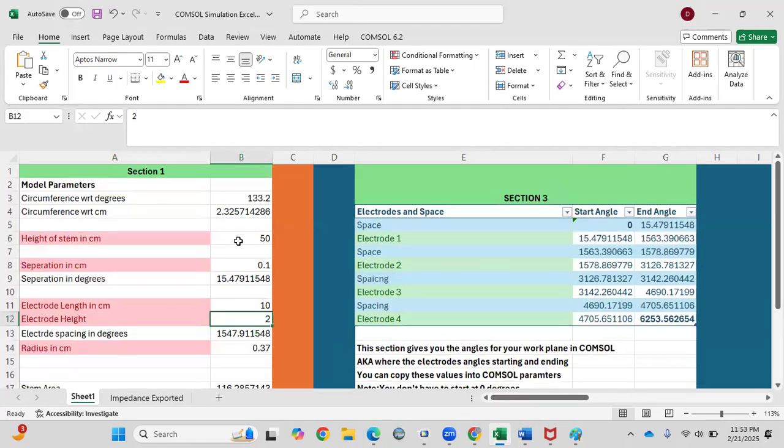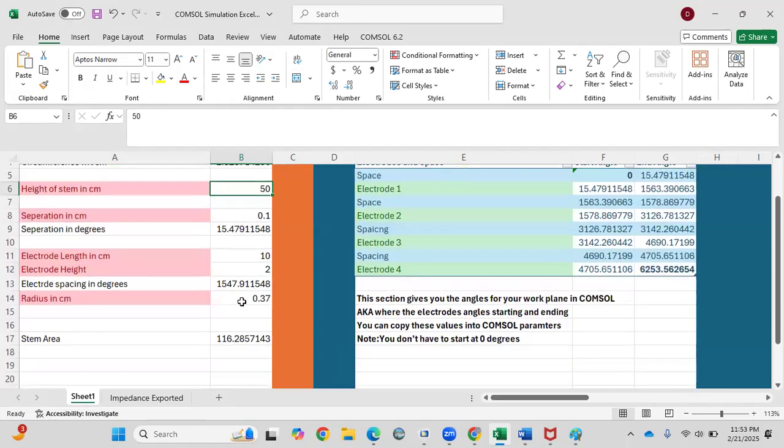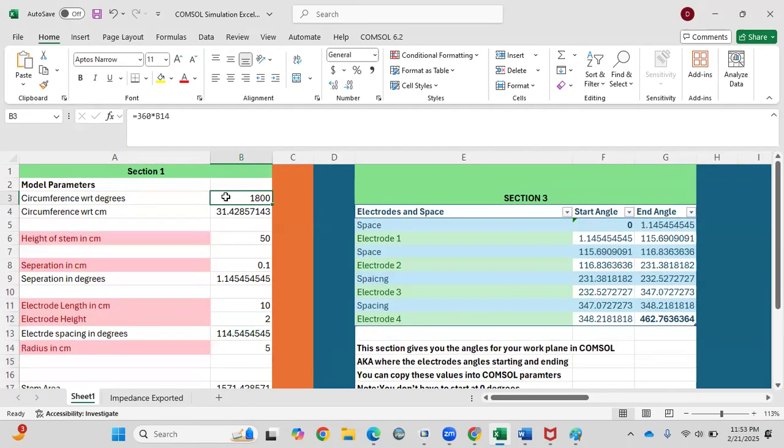Okay, so if the height of the stem is 50, and down here now we have the radius of it. I think our radius was 5. So up here we'll calculate the circumference, and the length, which is basically the distance around the shape.